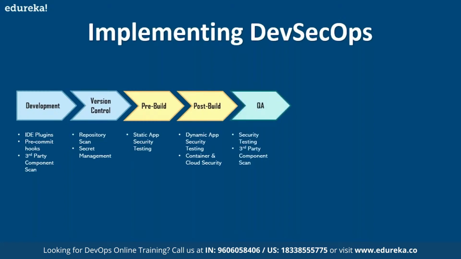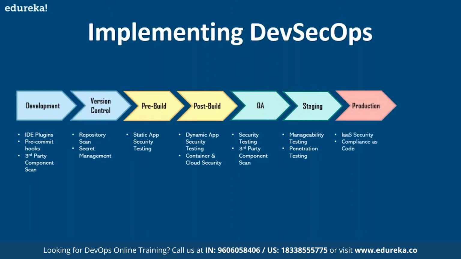Quality and QA. During the QA check, we will have a look at the security testing. Third-party component scan shall be conducted again. Staging. At the staging stage, we'll have a look at the manageability testing and the penetration testing. Production.